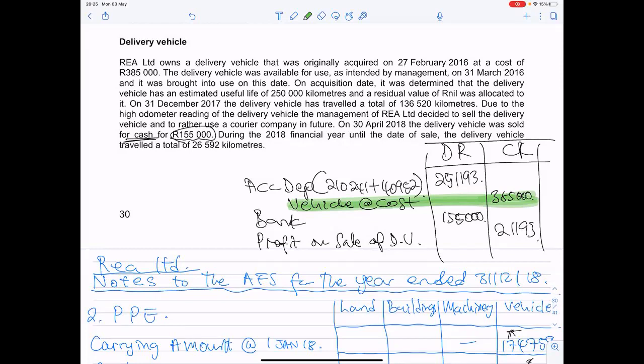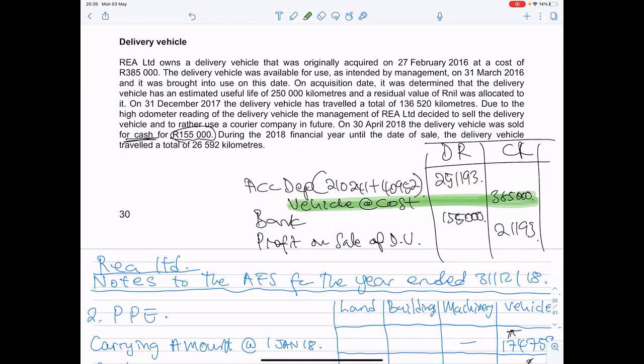So we will be wanting to separate the value of the vehicle using these two accounts. So we'll be having the vehicle at cost to say the original cost of the vehicle was 385,000. So in that account, we will only be putting cost and taking out also the cost. Then any accumulated depreciation will be having a separate account where we will be putting the depreciation in that account. So all the depreciations relating to the vehicles will be put under accumulated depreciation of the vehicles.